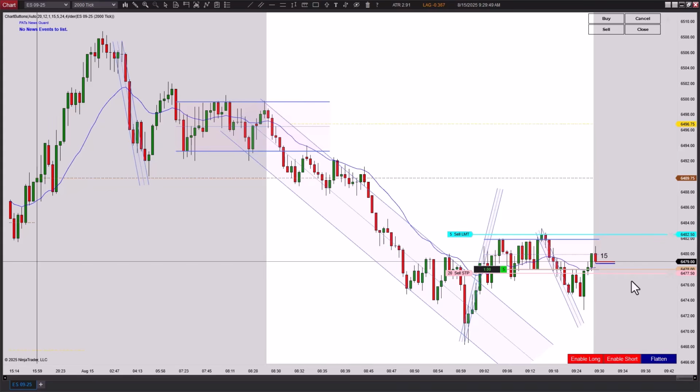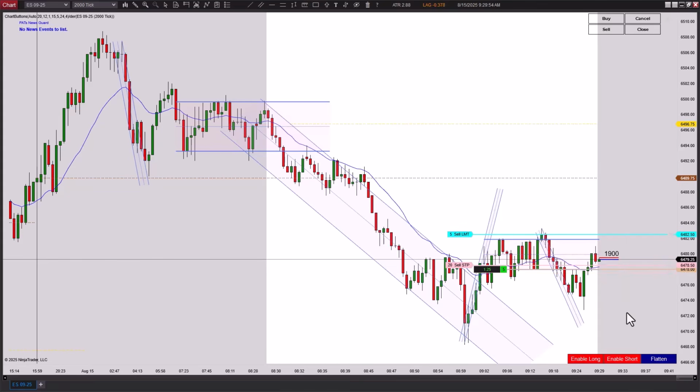All right, now I move it up when that bar forms. So now I got it one tick below the previous bar. And yeah, it looks like I get one tick on the runners. So it ends up getting break even plus one anyway.